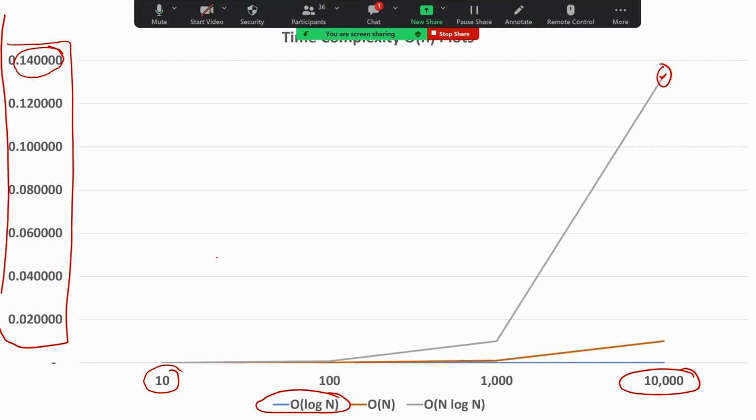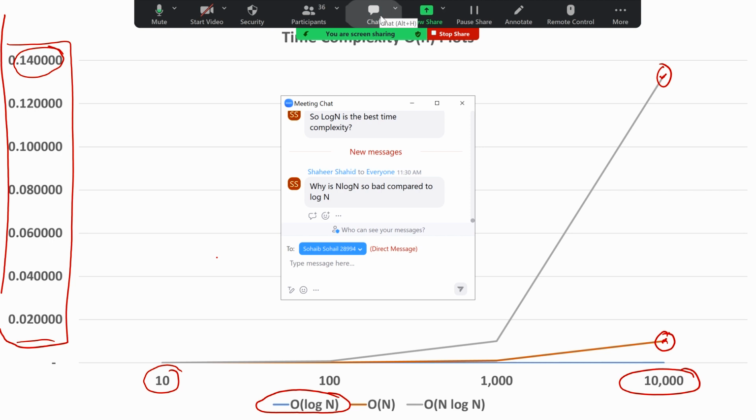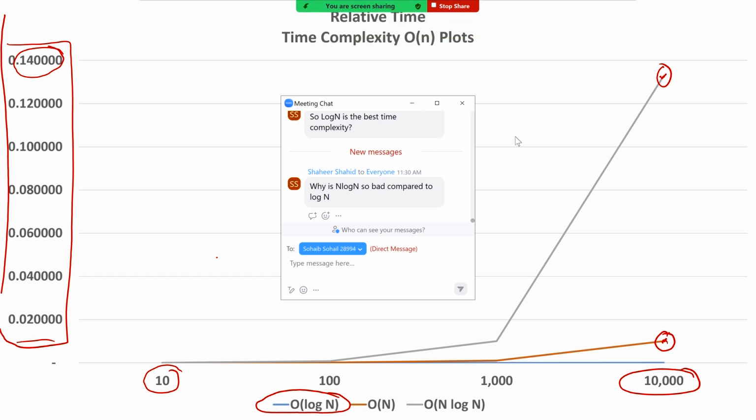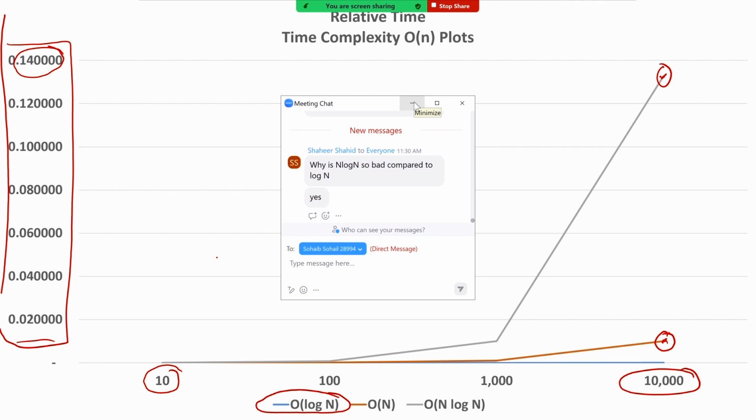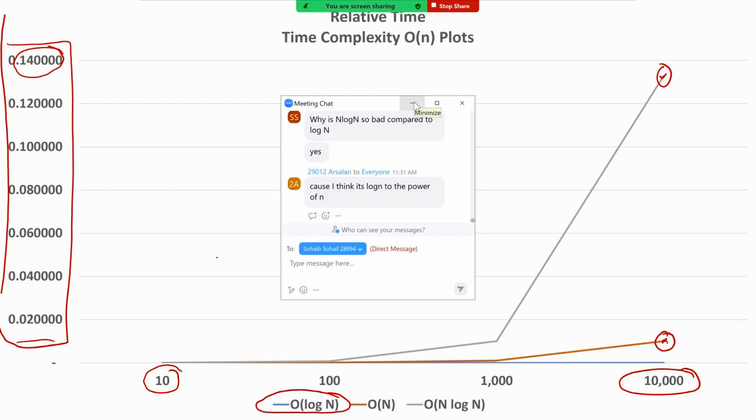And for O of n, which is linear time, are you clear about this graph? Because it's a multiplication, right? No, it's not to the power, it's n log n, right?